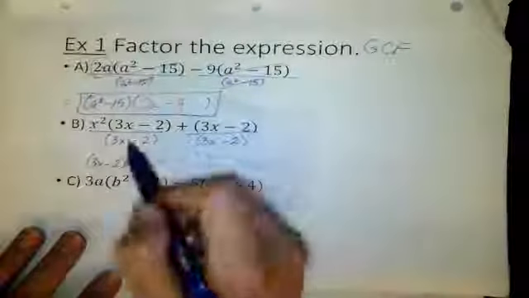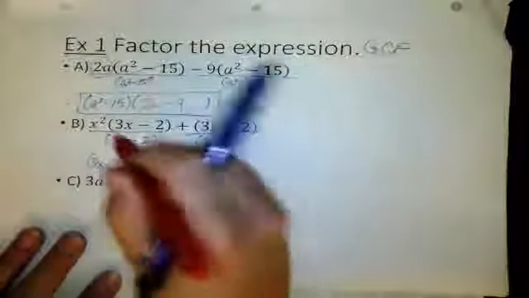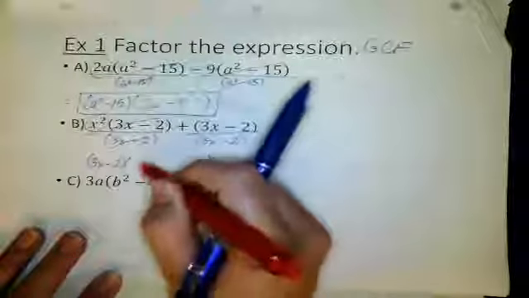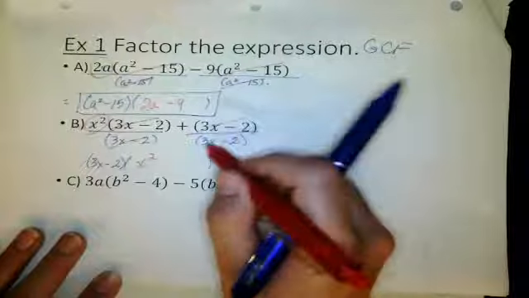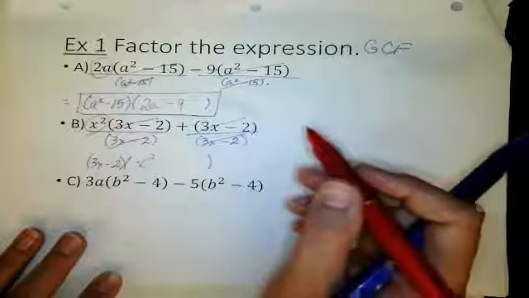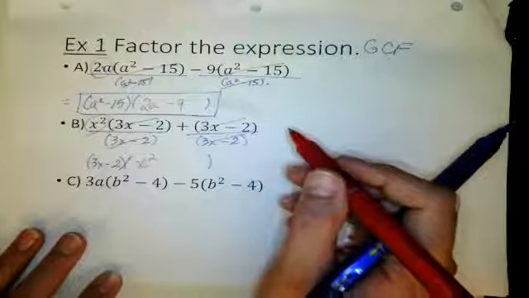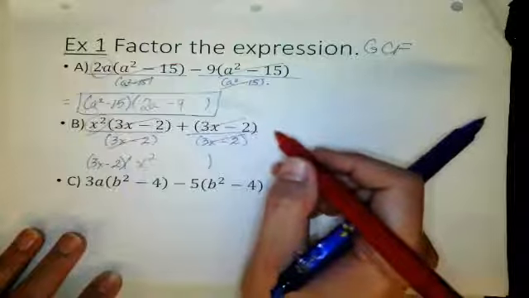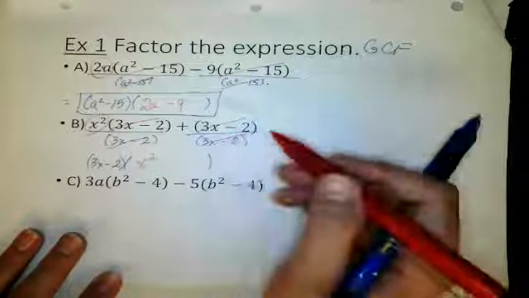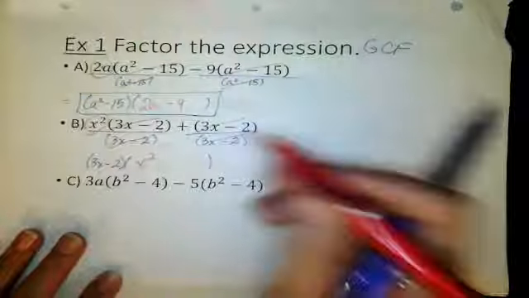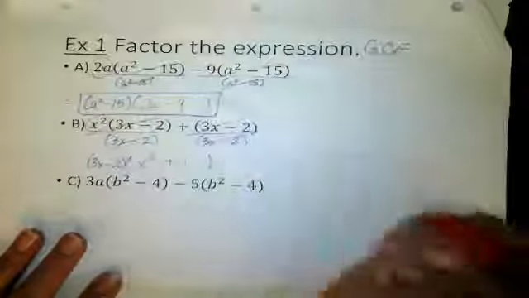What's left in the first term? X squared, very good. And what's left over here? Plus 1. Thank you for not saying nothing. This is why I show the divide step, because what is 3x minus 2 divided by 3x minus 2? Just like 3 over 3 is 1. This is also 1.